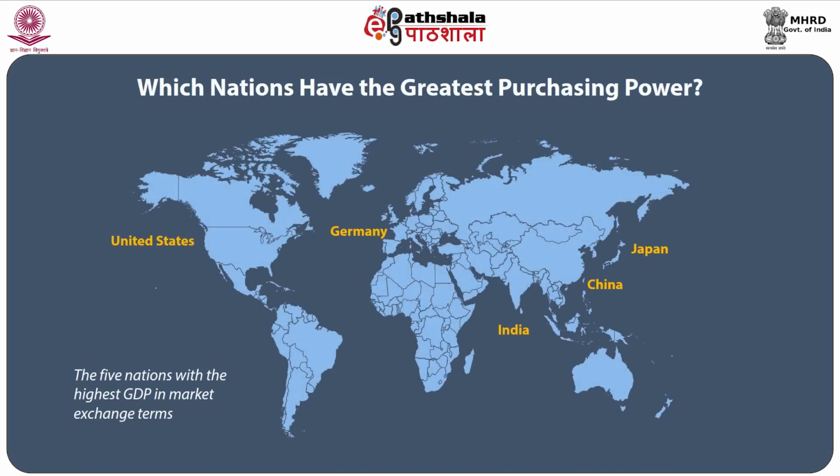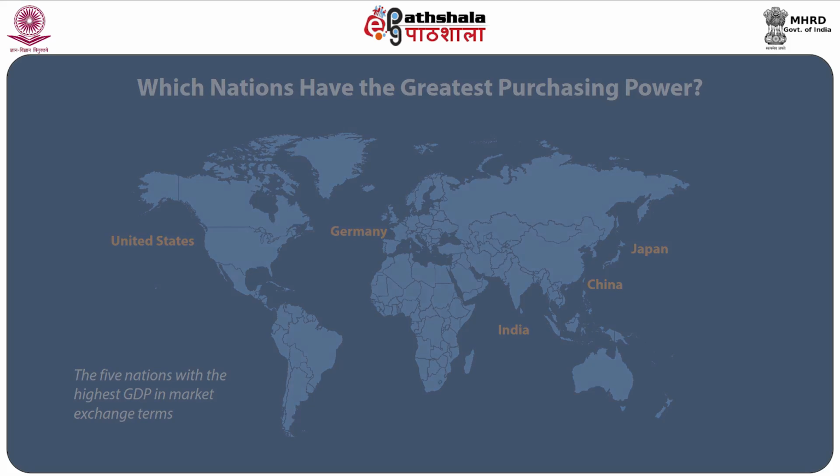The 5 nations with the highest GDP in market exchange terms are the US, China, India, Japan and Germany. According to PPP, in countries where non-traded service costs are relatively high, goods will be relatively expensive, causing such countries' currencies to be overvalued relative to currencies in countries with low costs of non-traded services.